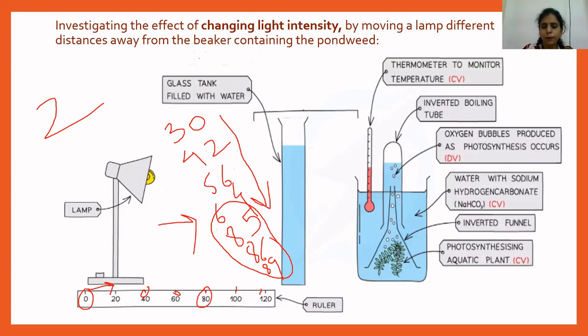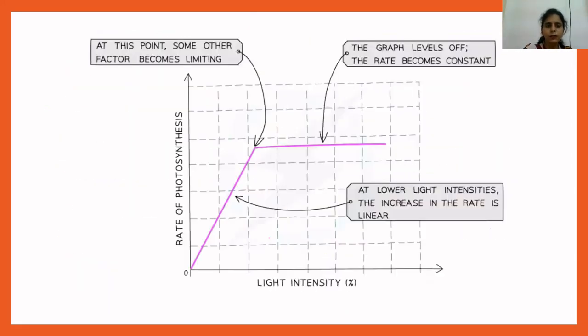So you can understand this from this graph. Here is the y-axis and here we have the x-axis. On the x-axis we have plotted light intensity, because light intensity was the independent variable, and the rate of photosynthesis, or the number of oxygen bubbles produced, is your dependent variable.